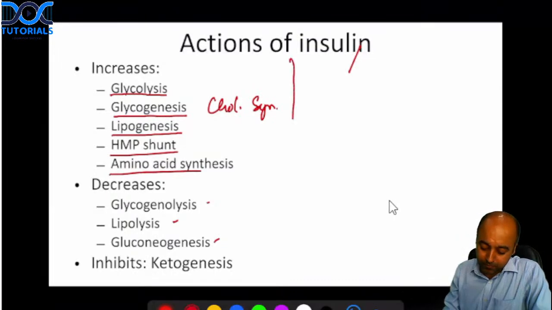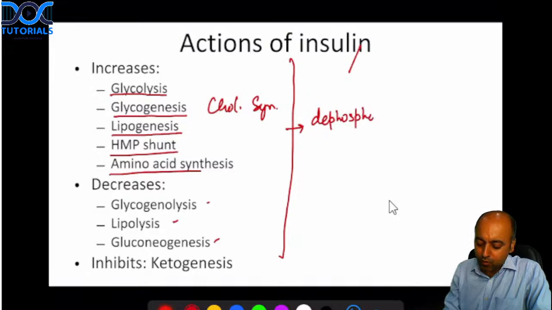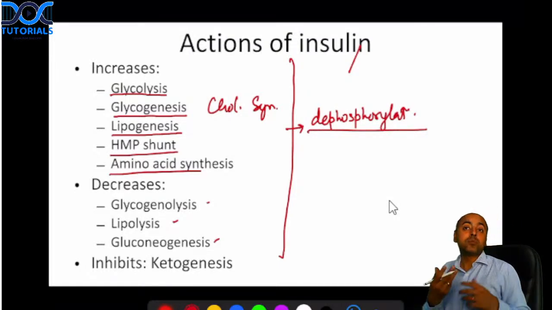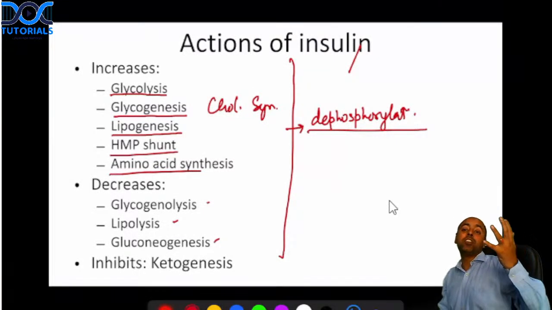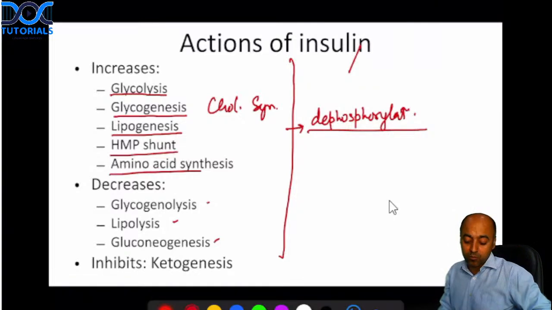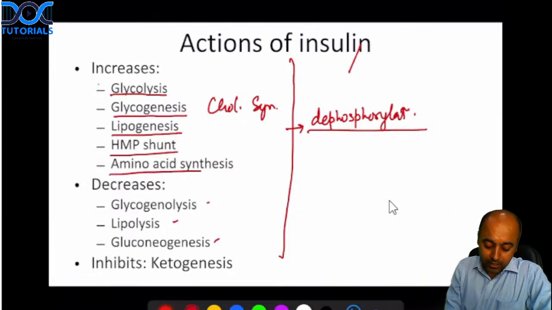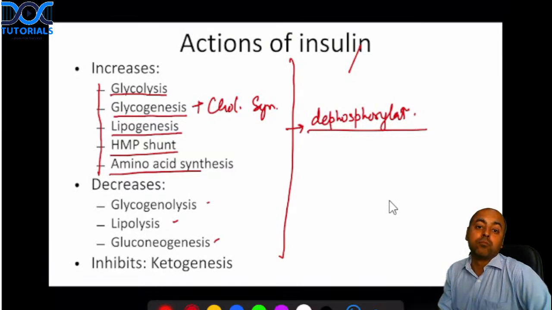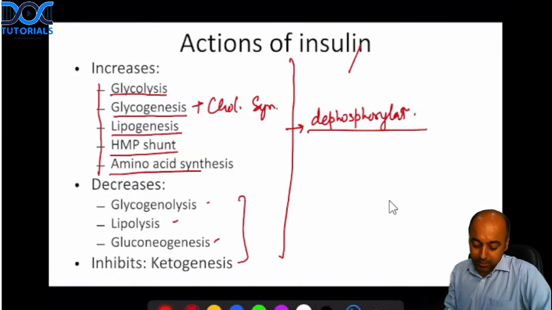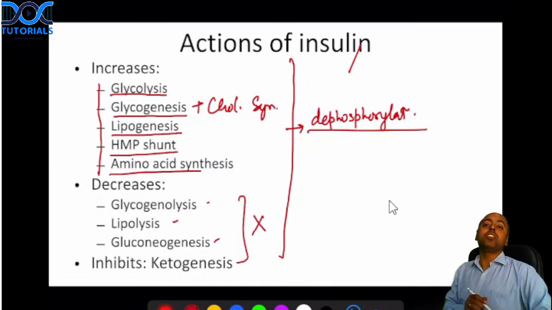And please note, the primary action of insulin on the enzymes is dephosphorylation. So if you remember this, then a lot of questions become simpler. Which enzyme is active in the dephosphorylated form, which enzyme is active in the phosphorylated form? So the answer will come from there. All the enzymes of this pathway will be active in the dephosphorylated form, but these enzymes will be inactive in the dephosphorylated form.